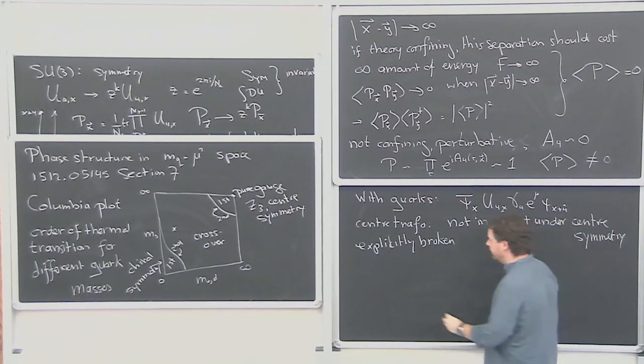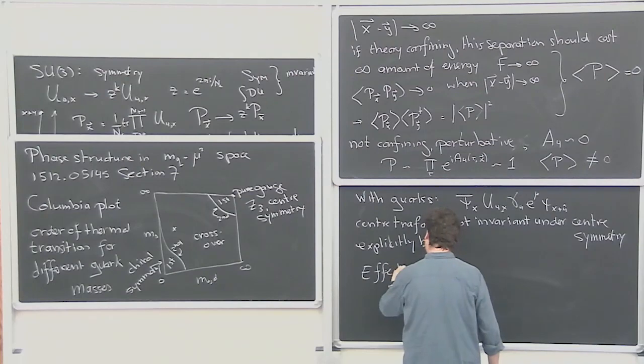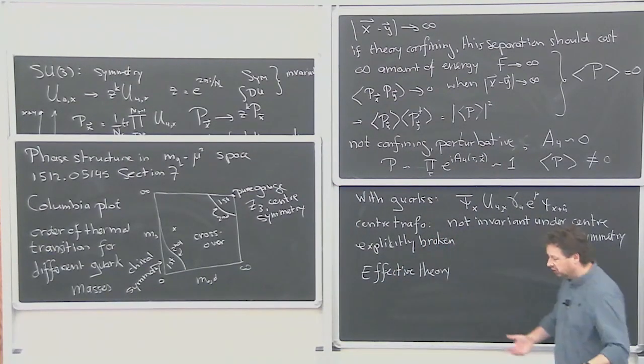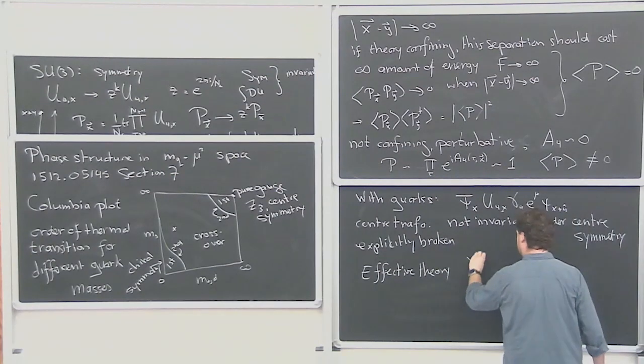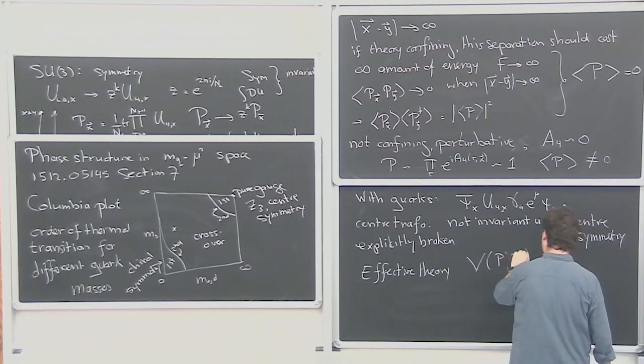So in an effective theory, what does that mean? You come up with some kind of Ginzburg-Landau model or a potential, a function of, say, the Polyakov loop and maybe the conjugate Polyakov loop.